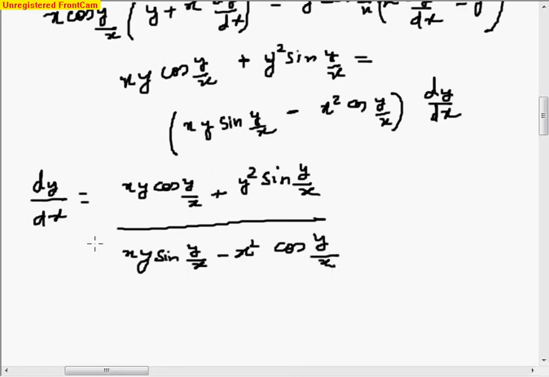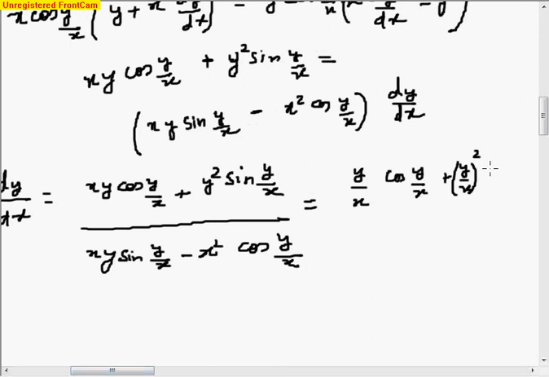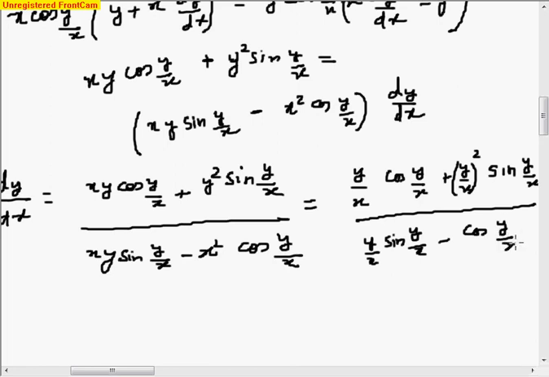So I can divide numerator and denominator by x square and I can get y upon x cos of y upon x plus (y upon x) square sin of y upon x, divided by y upon x sin of y upon x minus cos of y upon x.